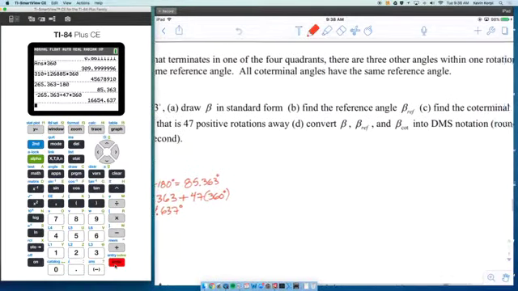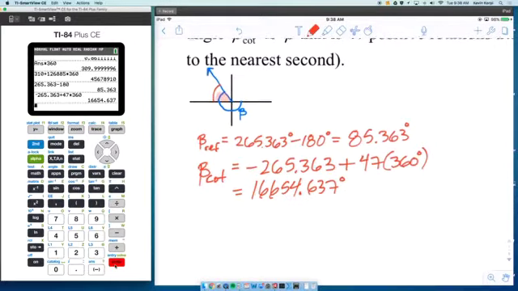Then it says convert all of them to DMS notation. I'm not going to do all of them because it's real easy now. I have my angle right here, so all I have to do is hit second negative, which recalls the answer, and then go to my angle menu, which is second apps, go down to number 4 and hit enter. I'm permitting you to do that now.